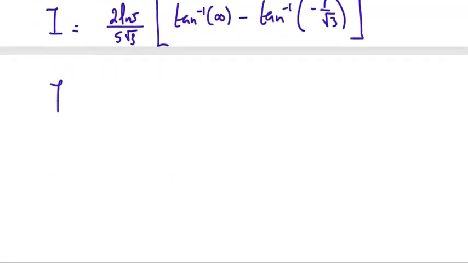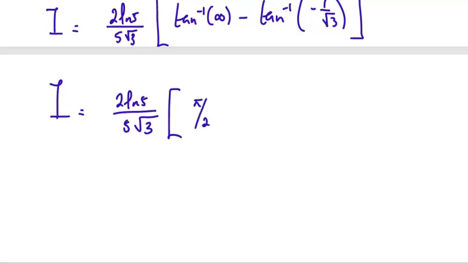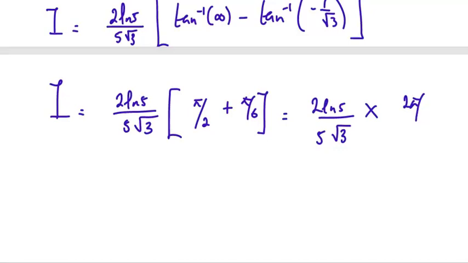Okay, so from here, I is equal to 2 ln of 5 divided by 5 root of 3. Then in the bracket, inverse tangent of infinity is pi by 2. Now, inverse tangent of negative 1 by root 3 is equal to negative pi all over 6. With the negative sign, it becomes plus pi all over 6. So this is equal to 2 ln of 5 all over 5 root of 3. Then multiply by, so pi over 2 plus pi all over 6 is giving us 2 pi all over 3.